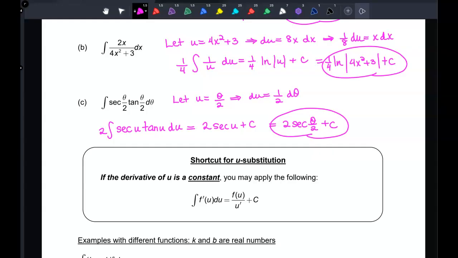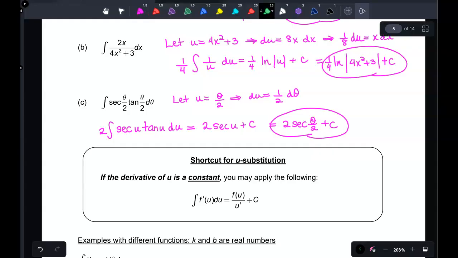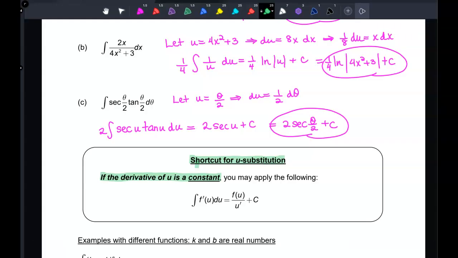Now, I'm going to show you a shortcut. I had mentioned last class, there's a reason you need to know the long way, and that's because you can't always use the shortcut. The shortcut you can only use if the derivative of u, the inside part, is a constant.